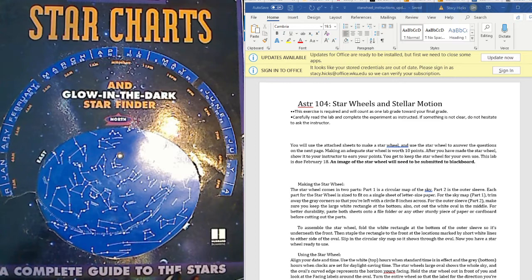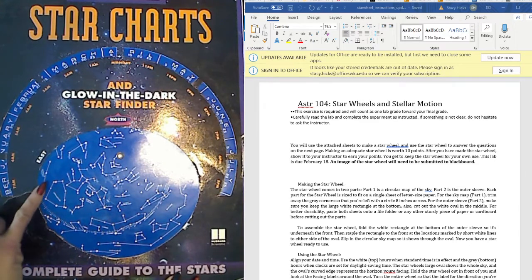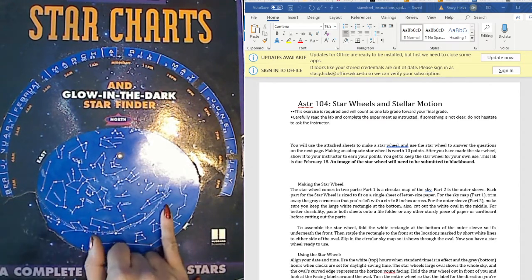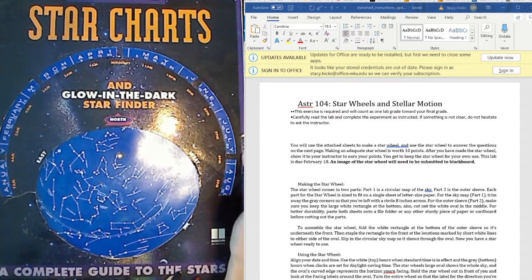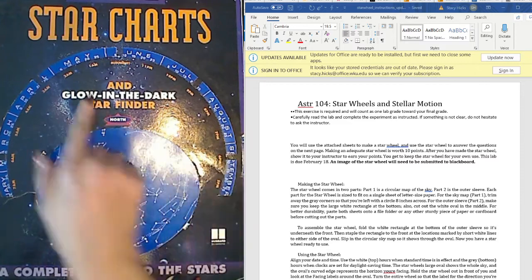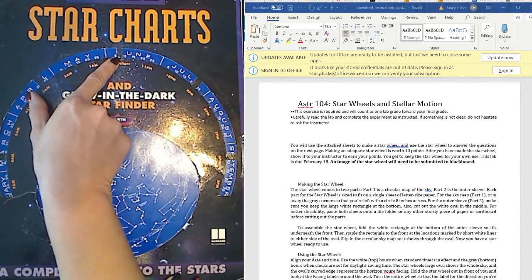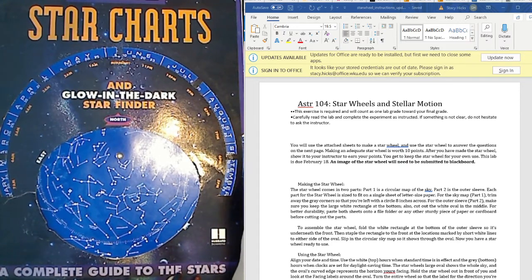Notice that whereas Leo was rising in the east a little while after dark in February, now just as it gets dark, Leo is over here in the west. And then as we progress through the night, Leo is going to set at about midnight, whereas it didn't set until dawn in February.